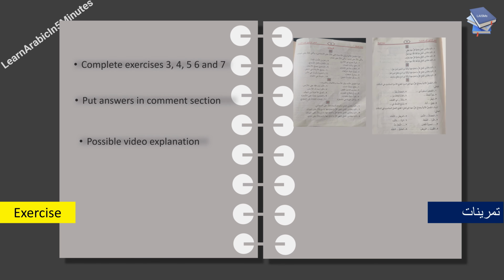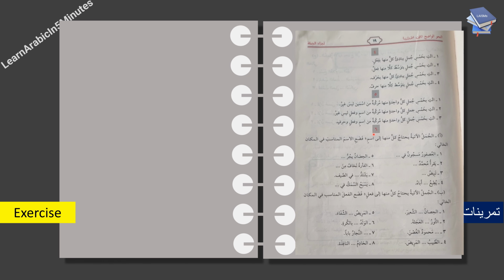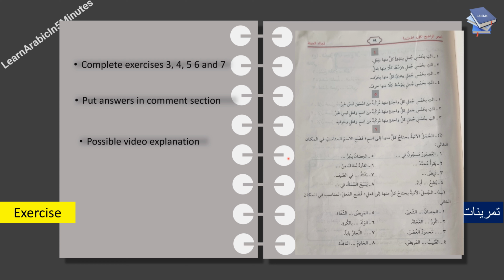So on this page shows up to 6, but on the page after that is 7. And again, put your answers in the comment section. Try to do as much as possible, and then hopefully, if I've got time after I've completed this book, then I might do a video for all the tamriniyat.